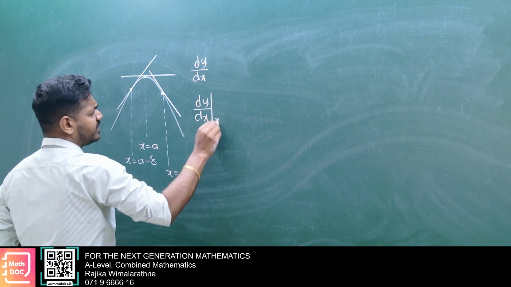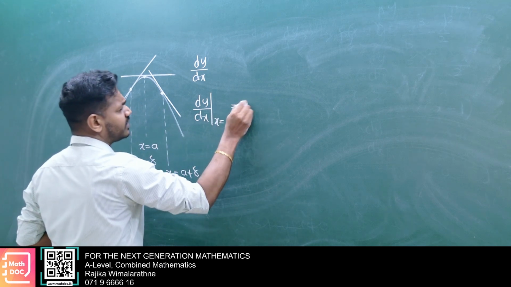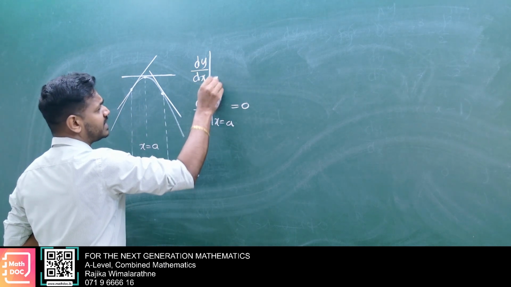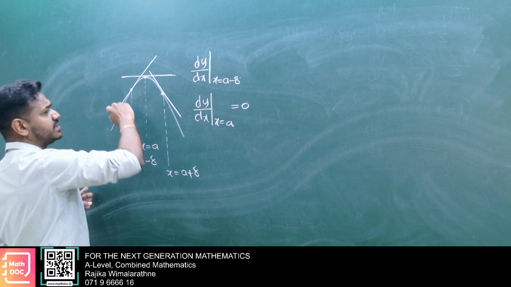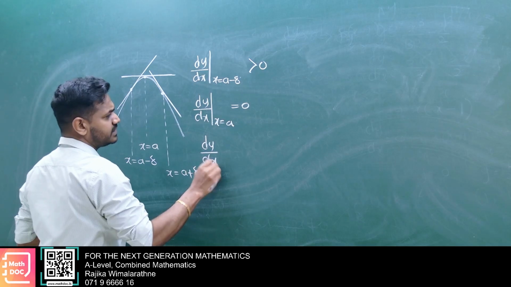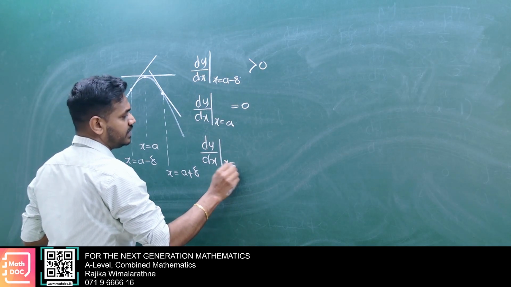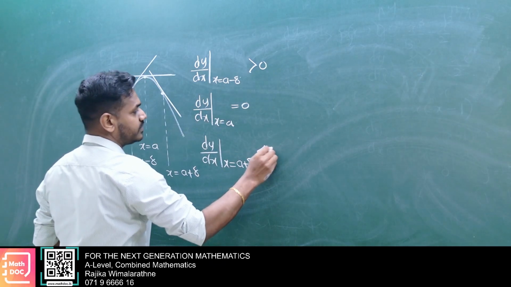Therefore dy by dx at x equals a, when you substitute x equals a, you will get 0. dy by dx at x equals a minus delta, positive gradient. Then dy by dx at x equals a plus delta, negative gradient.